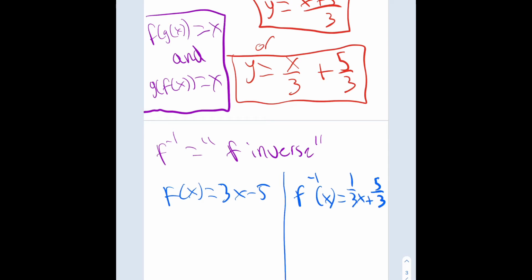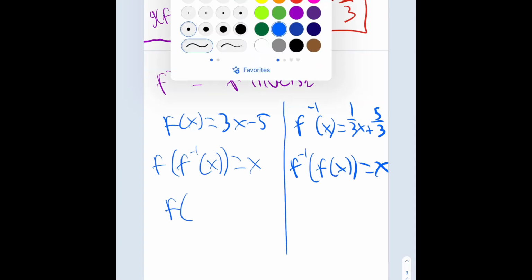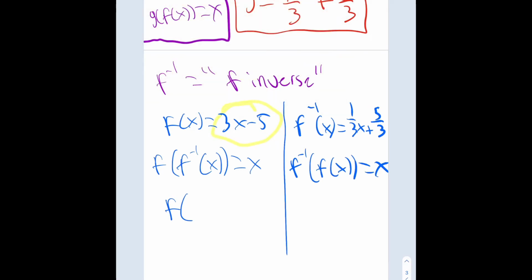So again, to verify or show it, I'm going to show that f of f inverse equals x, and I'm going to show that f inverse of f equals x as well. So I'm going to take my function f, but every time I do that, I'm going to write the inverse.